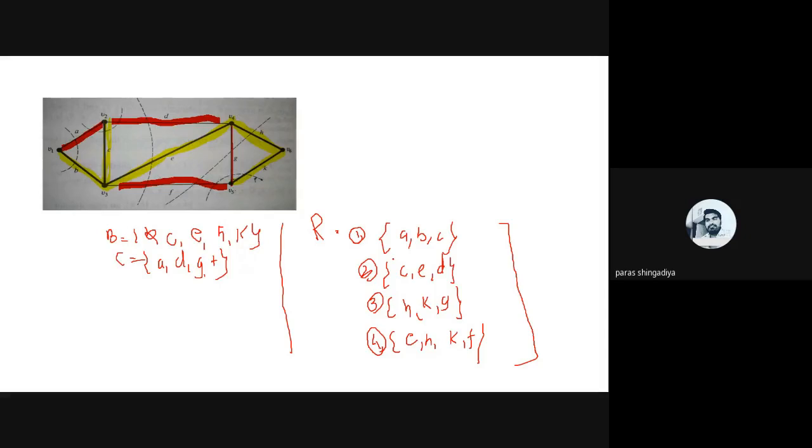Is it clear? How we can find a fundamental circuit? Okay, so there is no doubt. Remaining students, is there any doubt? Santosh, Nasib, Mukund, Sawan.